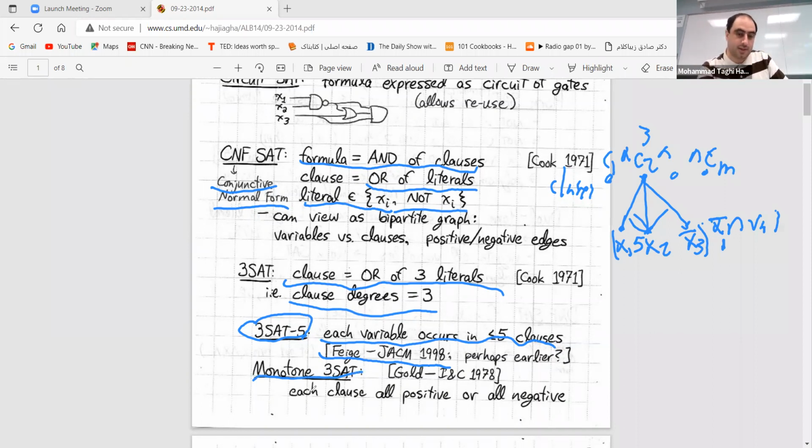What is monotone three-SAT? In each clause, all the literals are positive or all are negative.